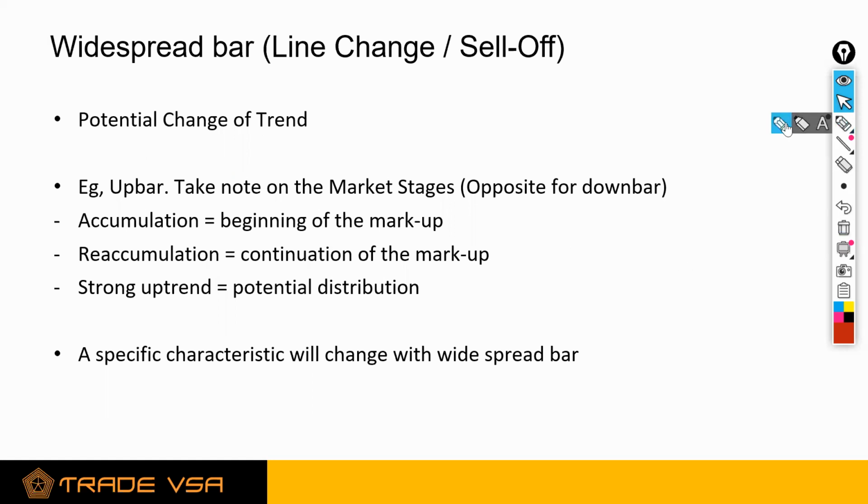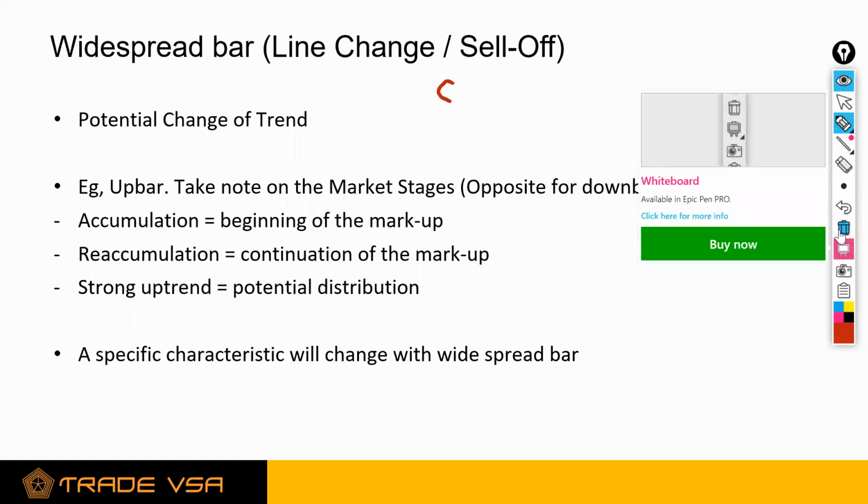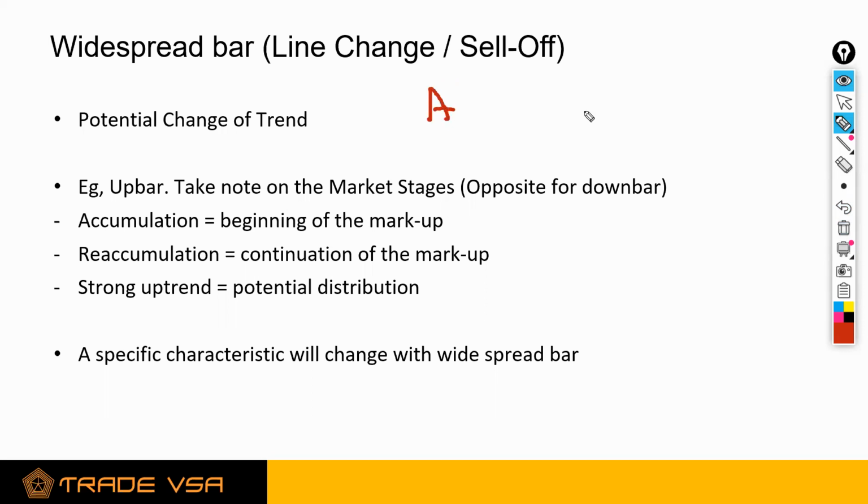Now let me ask you: say we have 2 different classes, class A and class B, each with 30 students. Student number 1 in class A has a height of 170 cm, and student number 1 in class B has a height of 150 cm.